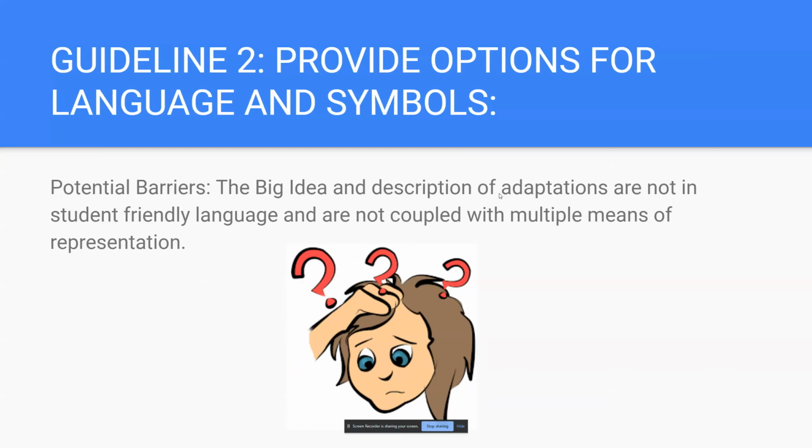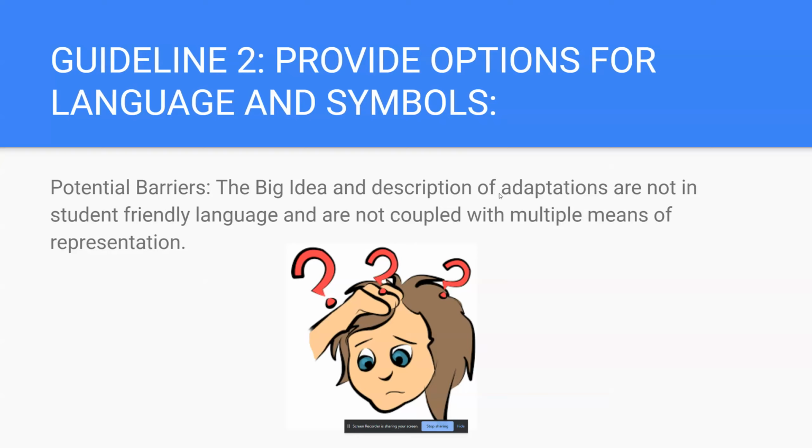Guideline number 2, providing options for language and symbols. I did not feel that the information was provided with multiple means of representation in student-friendly language. Obviously, this is a lesson plan, but nonetheless, I think it would be a good idea to include student-friendly language in your lesson plans so it is presented that way to your students.